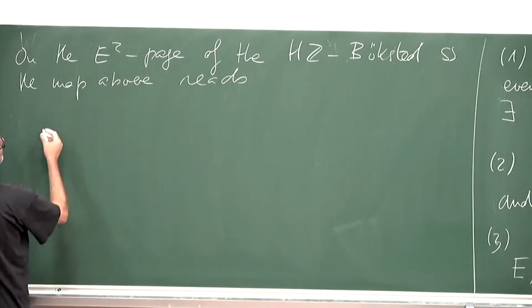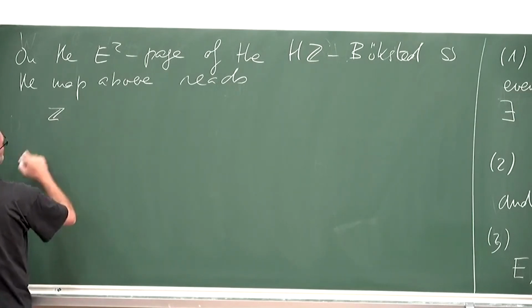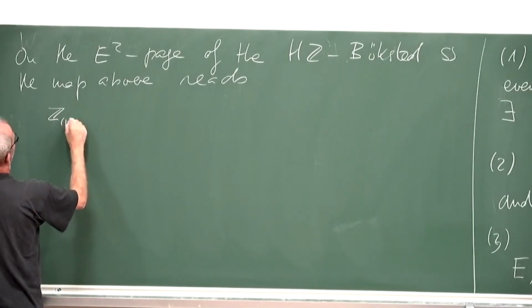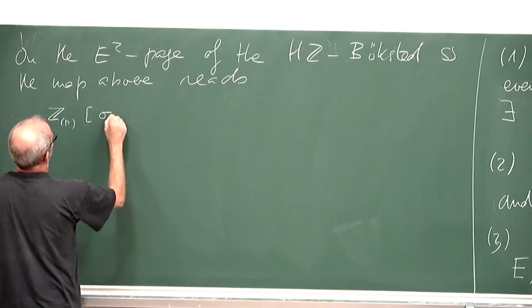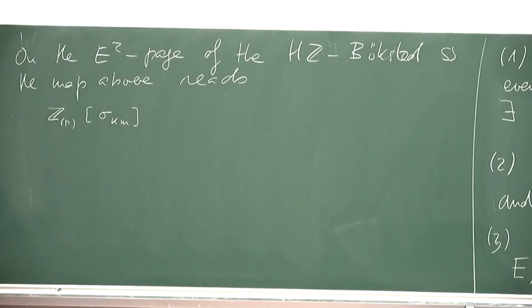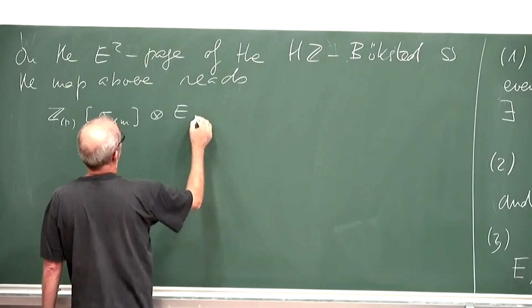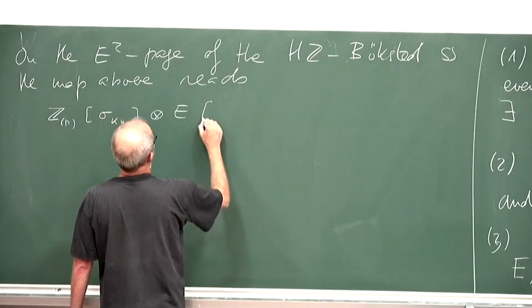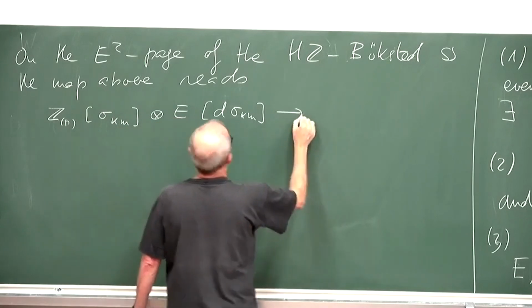You have just a polynomial part and then an exterior algebra, and it maps to something similar.